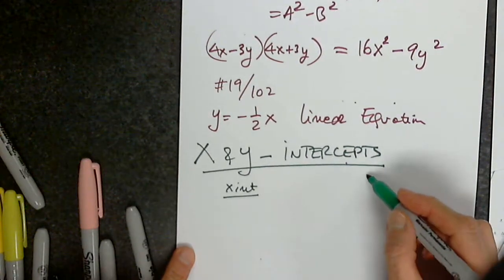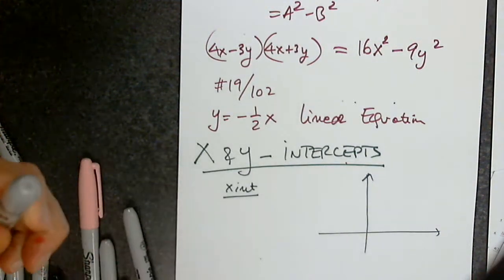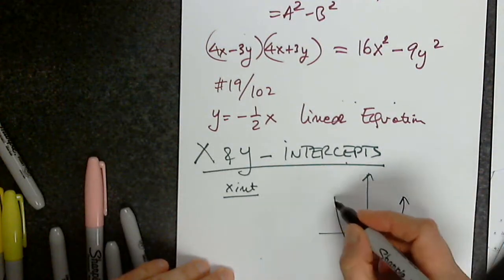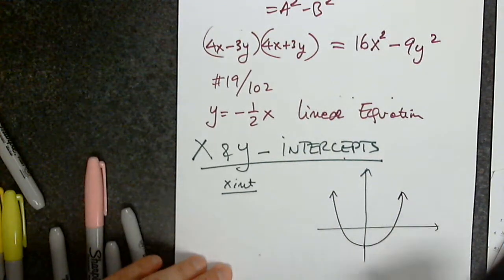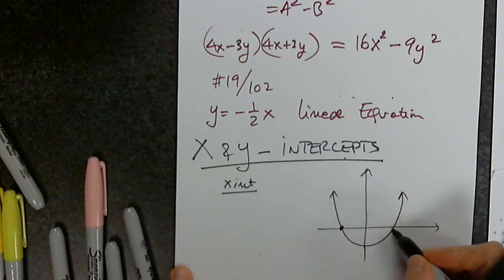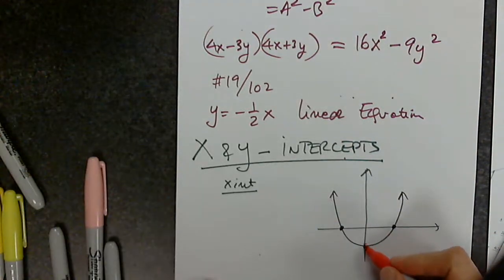Okay, so let's take a look at a graph. Let's say I have this graph. Does this graph cross the x-axis? Yes. Right here and right here. Does this graph cross the y-axis? Yes, right here.